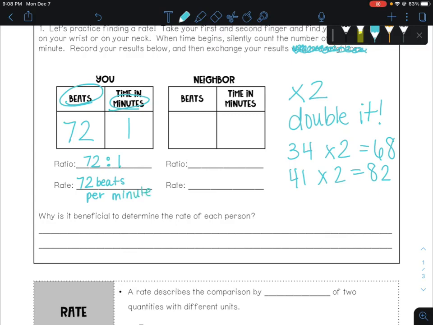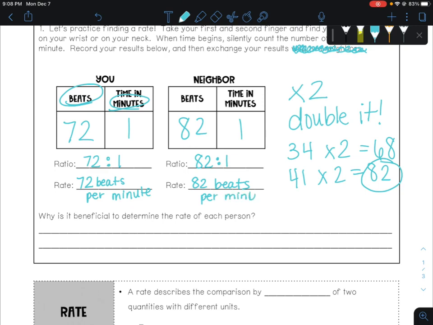Okay? Now I'm going to give you another example, and then you'll be able to compare yours as well. Another example would be somebody who got the answer 82 beats per minute. So the ratio would be 82 to 1. The rate would be 82 beats per minute.